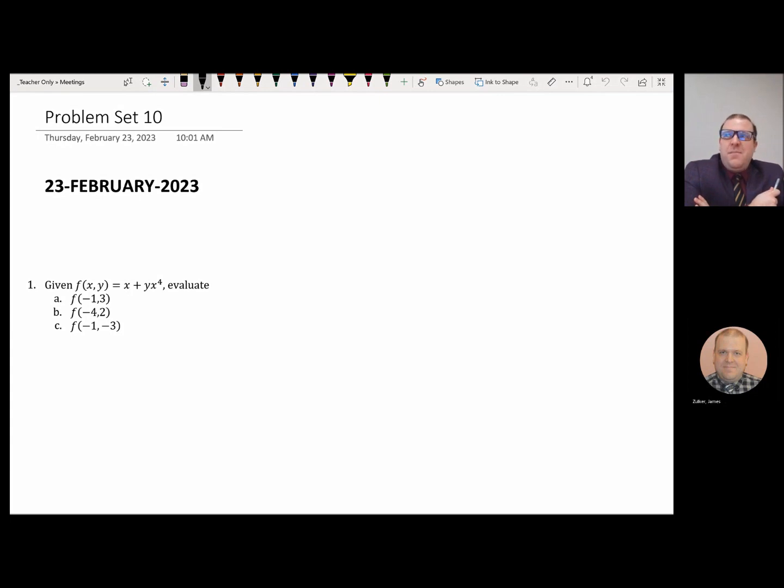Three-variate, w equals f of x, y, z. Now your domain is a set of ordered triples that can be plugged in, right? So now our domain is a region in space, right? So typically referred to as a solid.